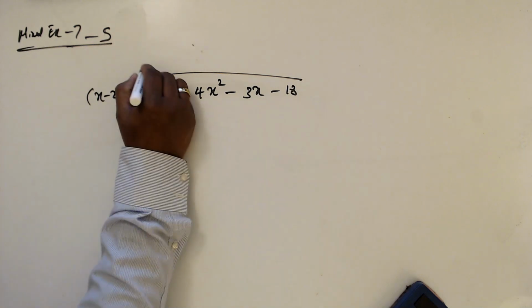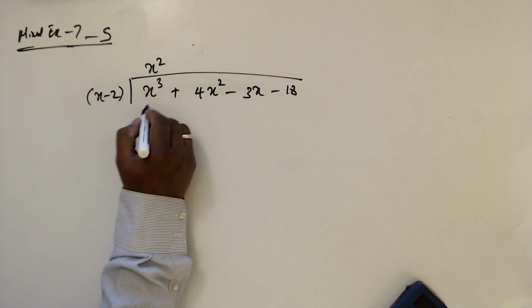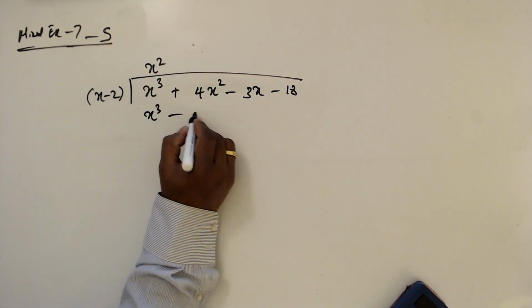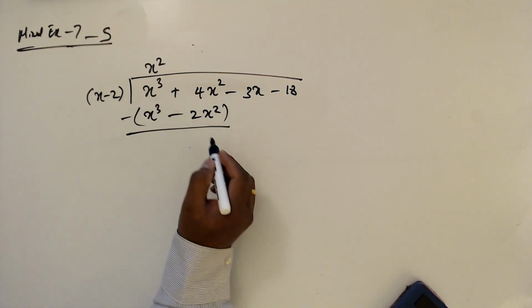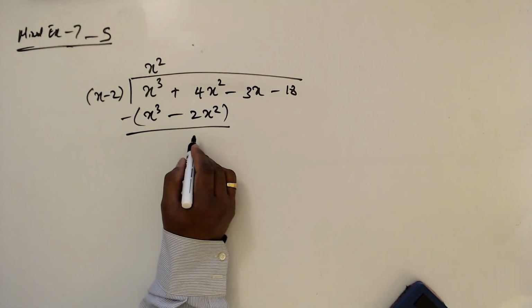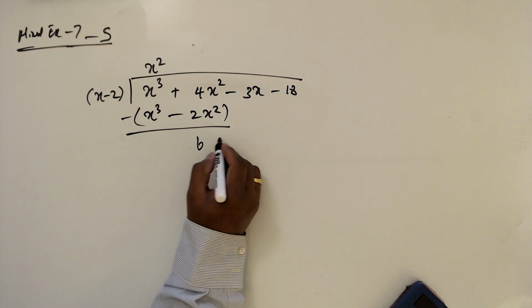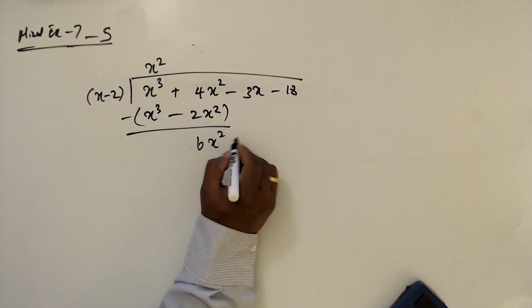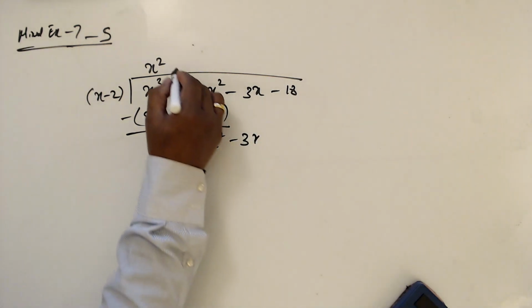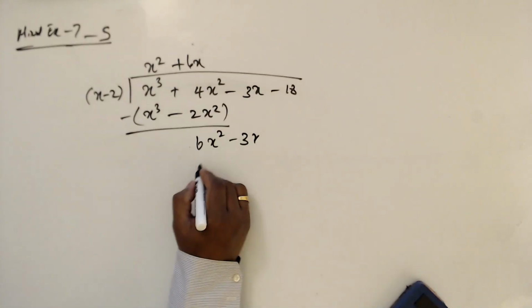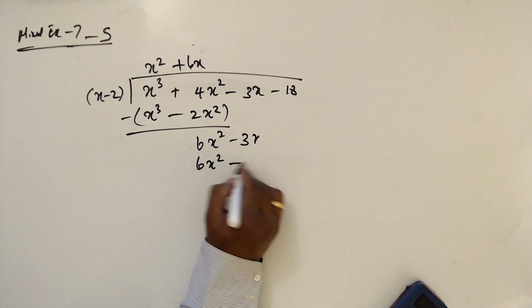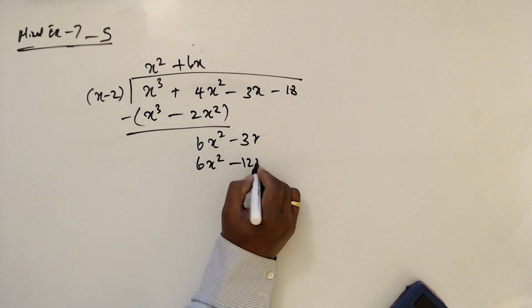Now this is going to be x square. X square times this is x cube minus 2x square. And then this is going to be 6x square minus 3x. Then this is going to be 6x. This is going to be 6x square minus 12x.